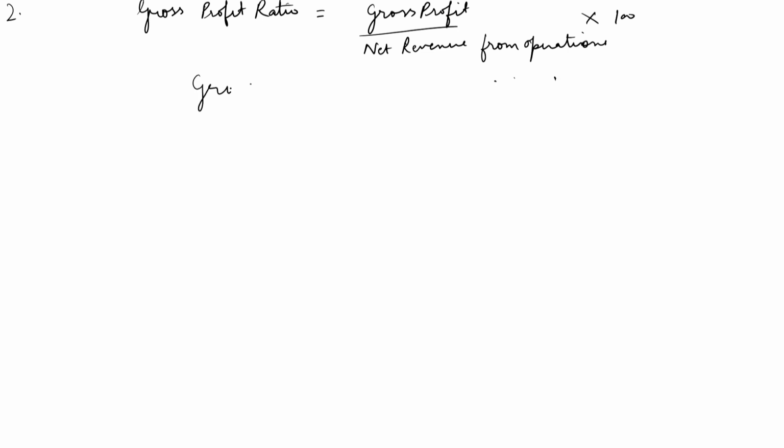The gross profit is equal to net revenue from operations minus cost of goods sold.